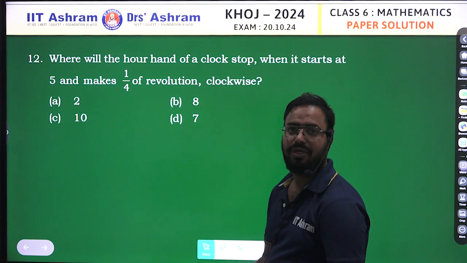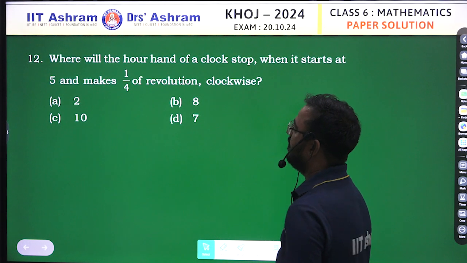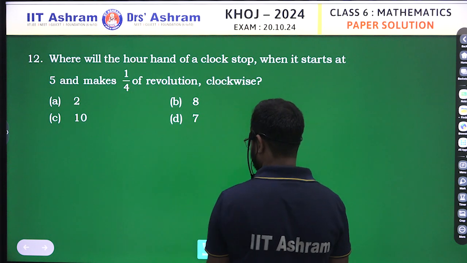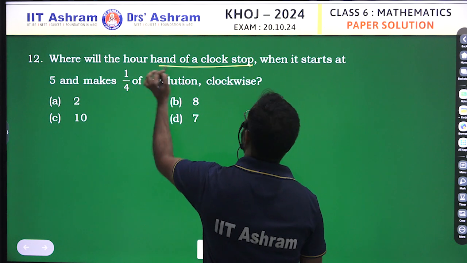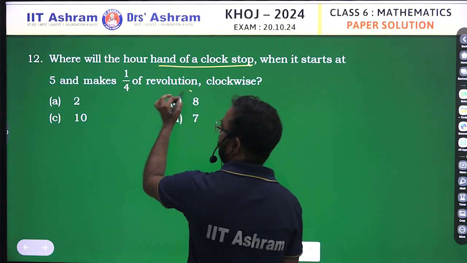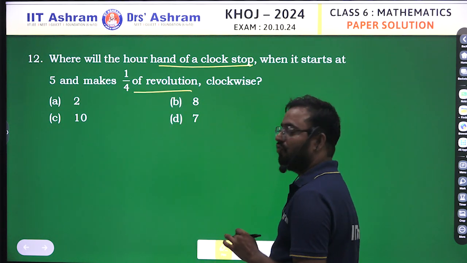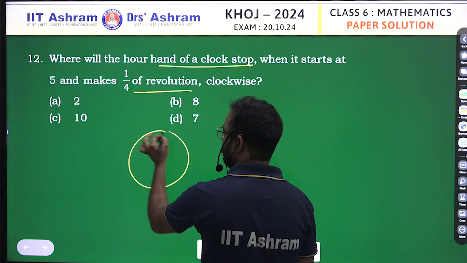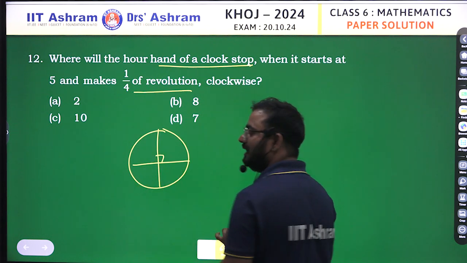Next, question number 12th. Where will the hour hand of a clock stop if it starts at 5 and makes 1/4 of the revolution? 1/4 of the revolution means 90 degree.